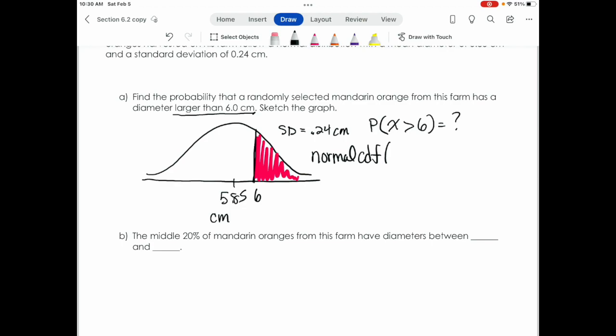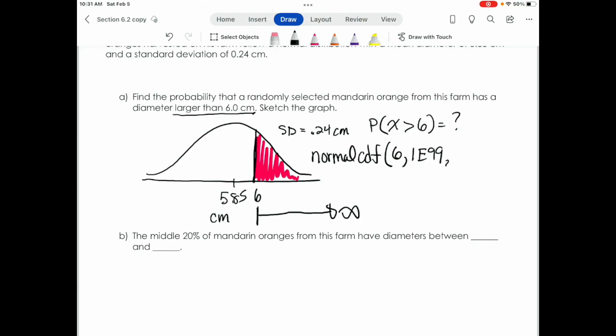So we're going to use our normal CDF. Now, for this case, we are going from 6 up to positive infinity. So our lower bound is going to be 6. Our upper bound is going to be 1E99, and that's because we're going in the positive direction.